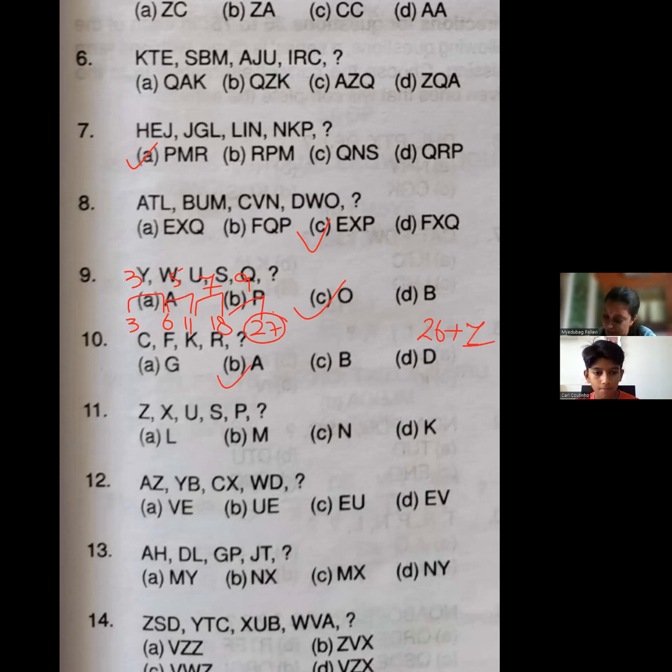Let's see the 11th one. So it's 26, X is 24, U is 21, S is 19, E is 16.